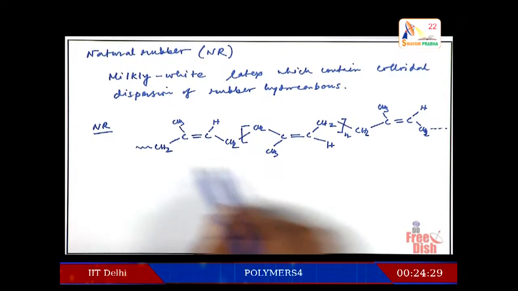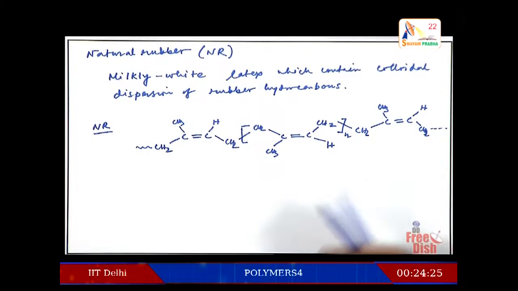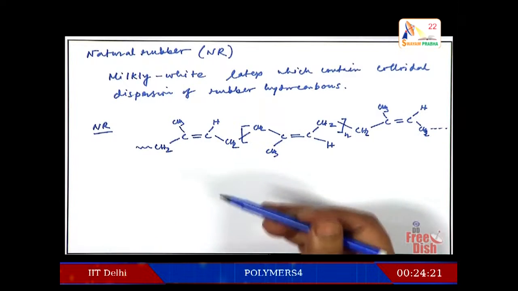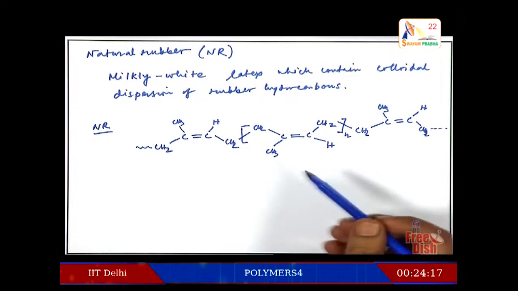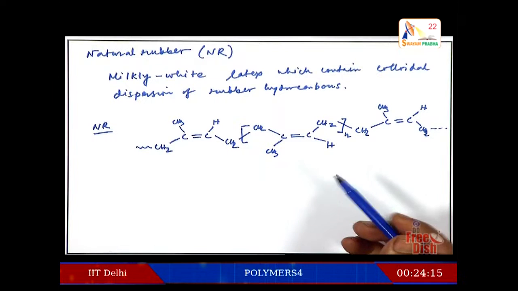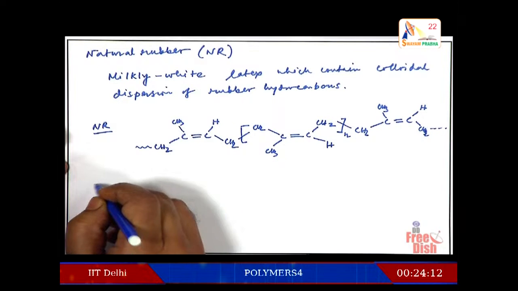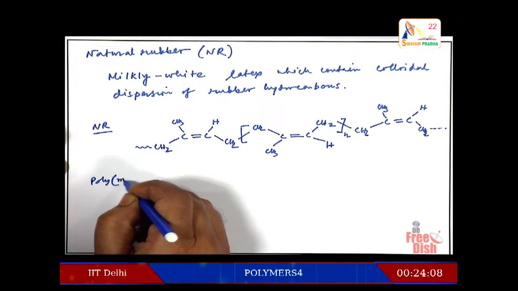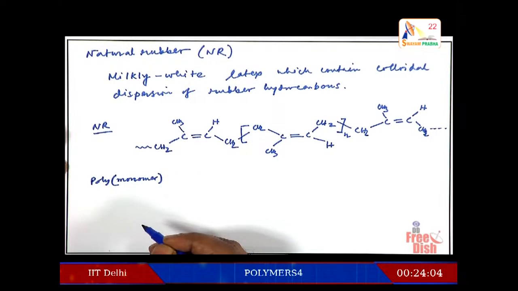So, it is not that you are synthesizing a polymer from a monomer, but if you have to name it, generally polymers are named by adding poly to the monomer from which the polymers are formed.